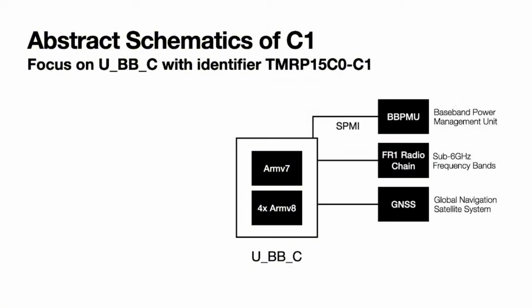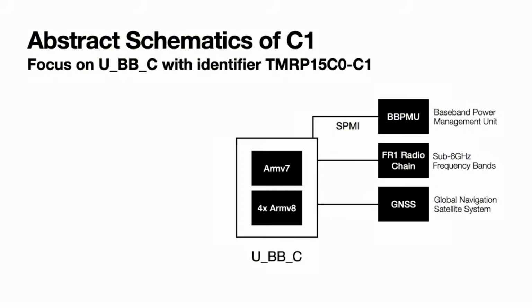It connects to the baseband's power management unit, which is a whole set of chips itself, and ensures that the baseband uses as little power as possible. It also connects to the radio chain, the actual part that sends signals over the air, and in this case it's a frequency range 1 radio chain, so it supports the traditional sub-6 gigahertz frequencies.